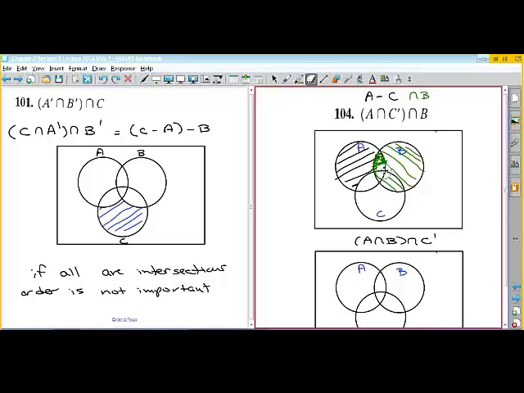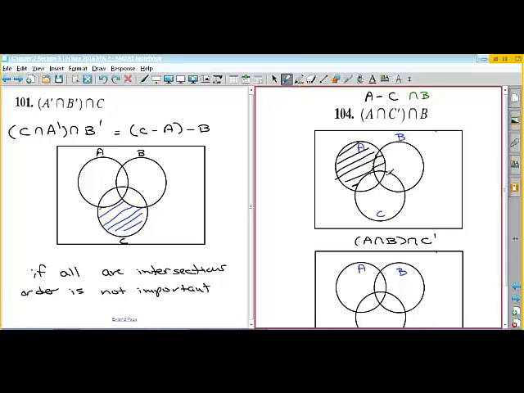Now, if you didn't want to fill it in, the way you would do it is you would say, okay, this area here is A minus C, because I have A minus erase C. And then I have the intersection with B. Well, what parts of circle B already have black lines in it? This part does.